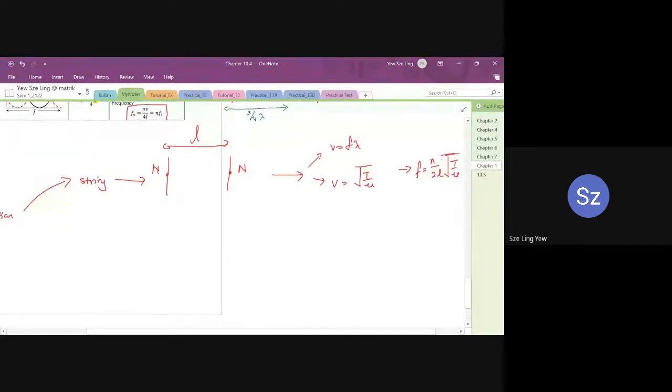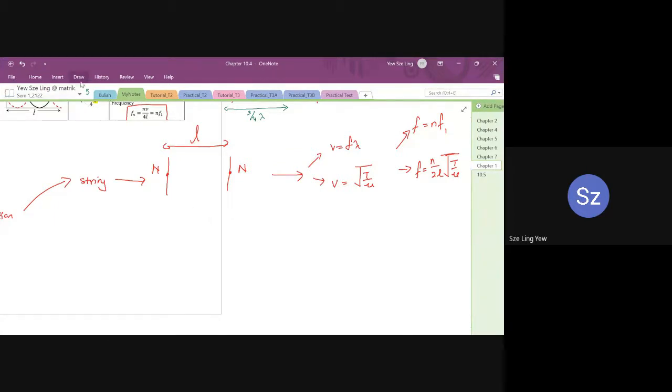This is the general equation. Of course, you have another general equation which can be used in all sorts of situations: f equals n f1, regardless of which application you are looking at.